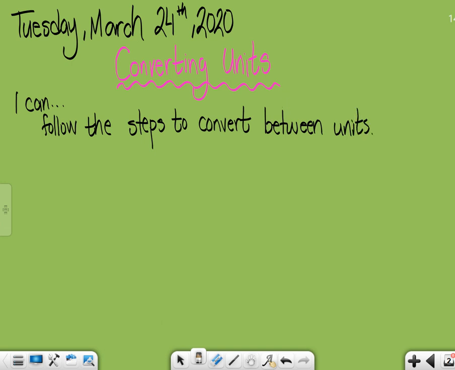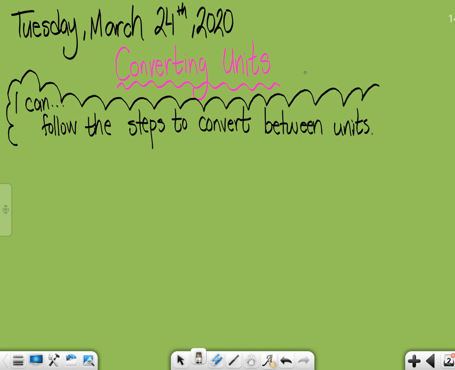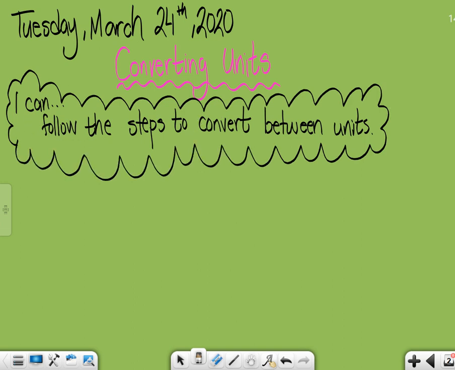Please make sure you highlight it. I will bubble it as always. So date, title, I can statement that is highlighted. And my lovelies know that I always repeat those 3 things. Make sure you've got that before we move forward.